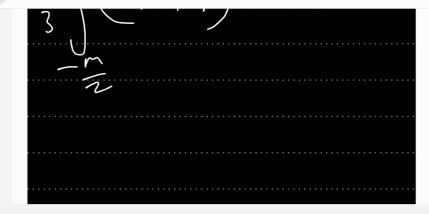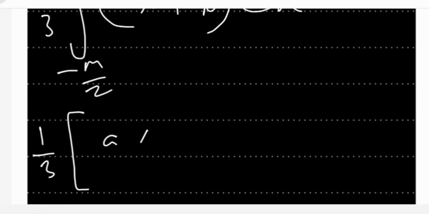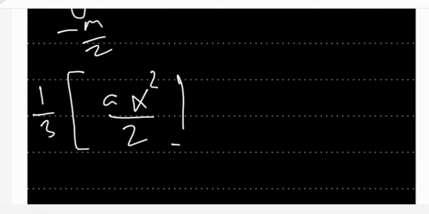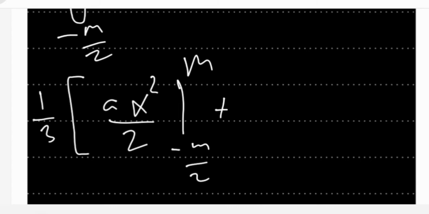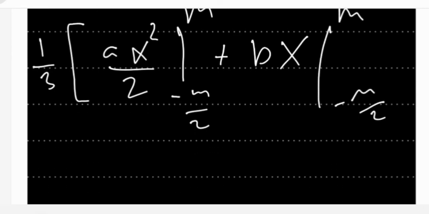So, 1 over 3 of, now let's integrate. The integral of a x is a x squared divided by 2, from minus m over 2 to m, plus the integral of b, which is b x, from minus m over 2 to m.